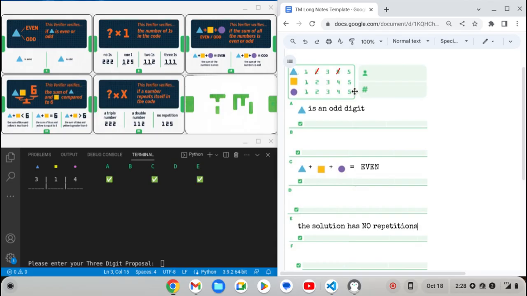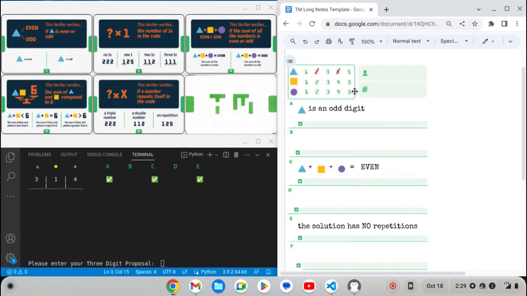And again, even though we do have an odd and even in triangle and circle, I'm not sure about the ordering, or where the even goes. So that said, could we have a sum of 6 in triangle and square?